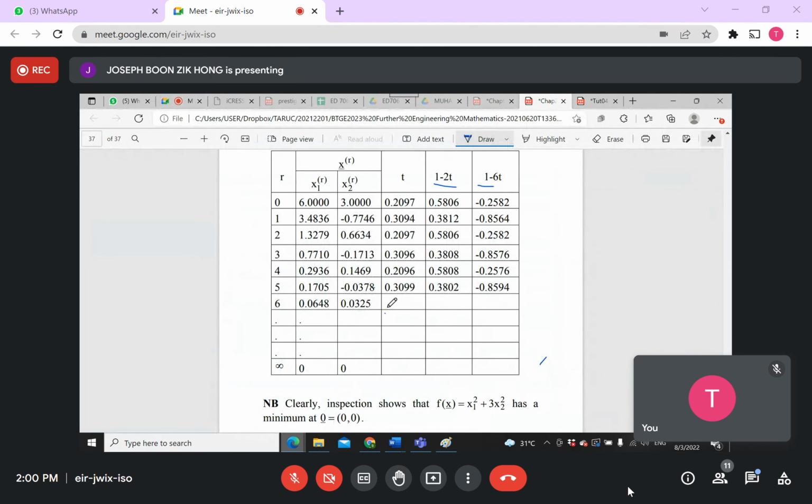This one actually they did not finish it, but in order to get to 0, they need to do a lot of iterations.